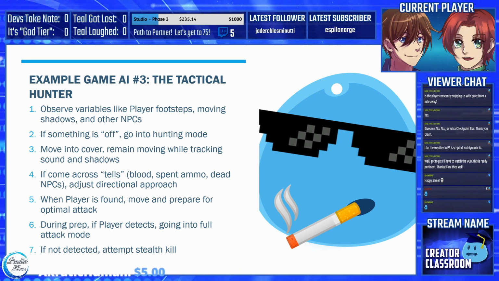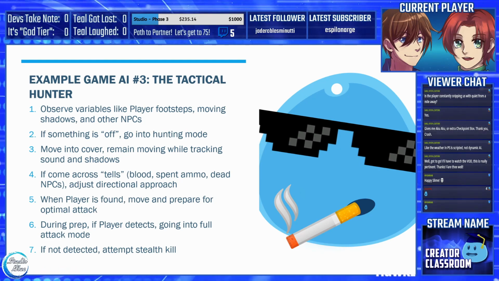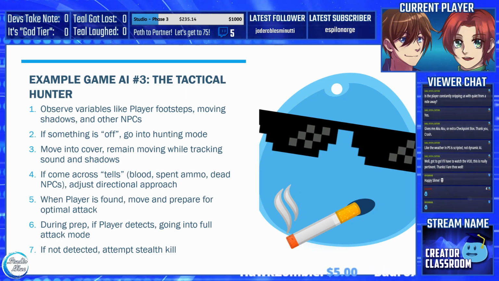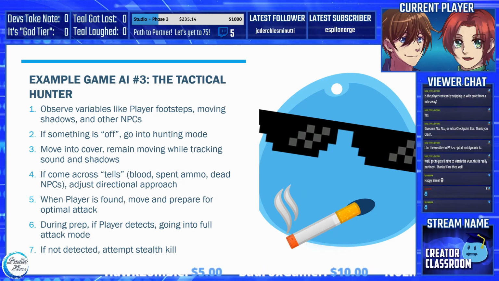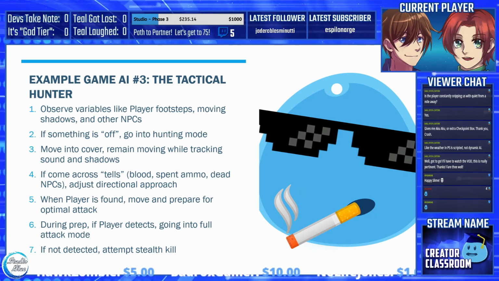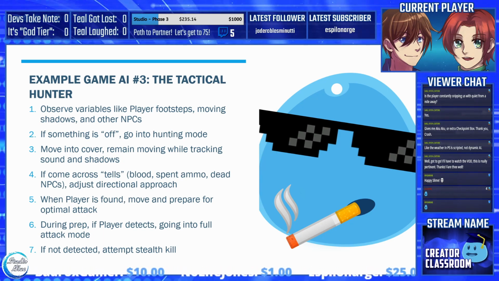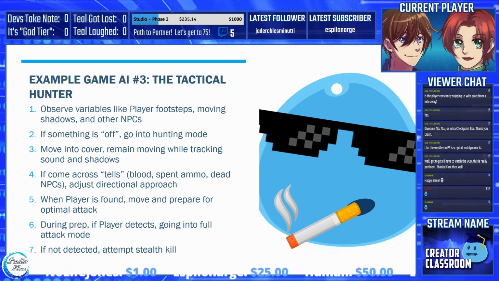And other NPCs, maybe other guards on its side, or other NPCs that might be allies to the player. It doesn't matter, but it's going to analyze this. Now, if something goes off, let's say, for example, the footfalls make a sound, or the branches over there rustle beyond a certain tolerance.